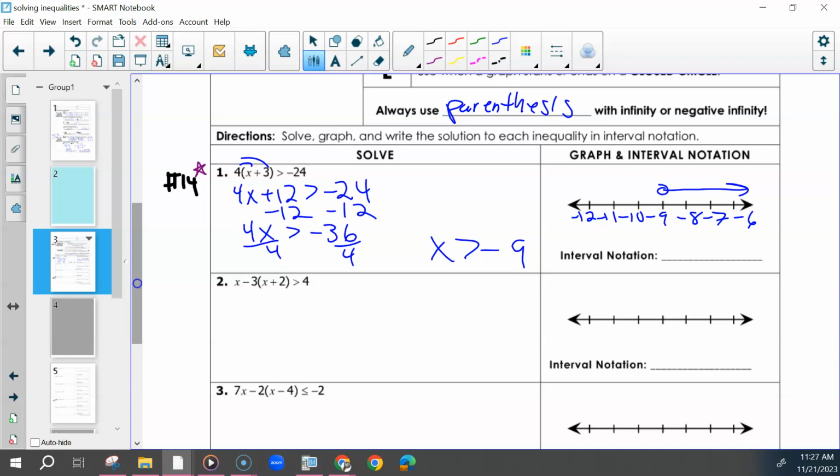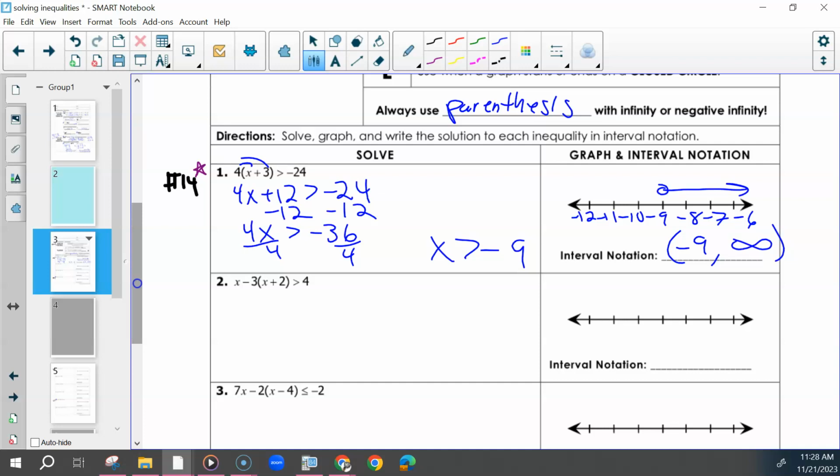This one starts at negative 9 and it's open. You're going to do parentheses, negative 9. Where would it end? Infinity. It would keep going. It's going to go past whatever you wrote on yours, all the way to positive infinity. And you're going to put a parenthesis. That is your interval notation. It means the same thing as this. These two mean the same thing.